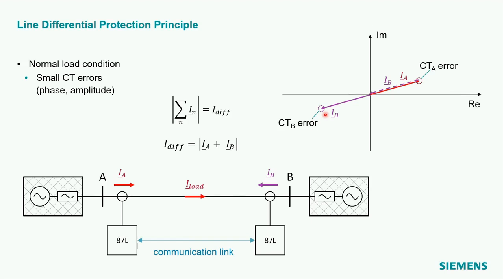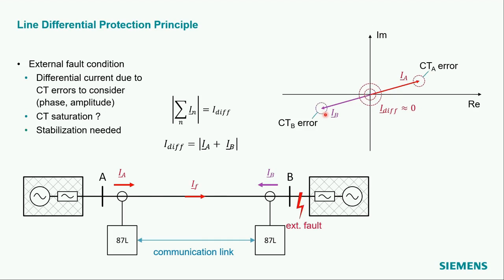This small differential current needs to be considered in the relay settings. This is particularly the case if you have an external fault situation. The measured currents at the line terminals are the through fault currents.